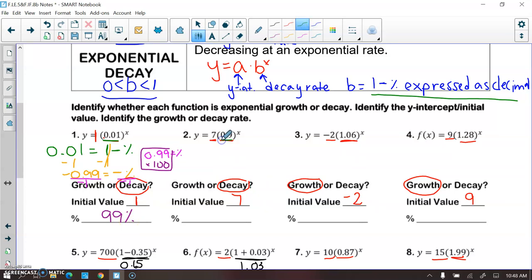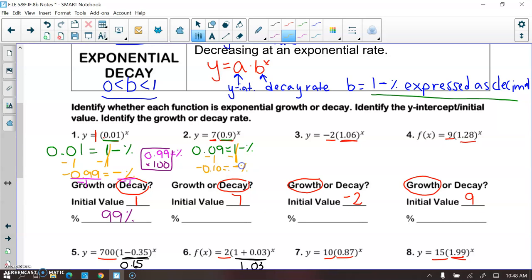So I'm going to set my b value equal to 1 minus my percent expressed as a decimal. Now I'm going to solve for the percent expressed as a decimal by first subtracting 1 from both sides. A 0.09 minus a 1 is a negative 0.10.